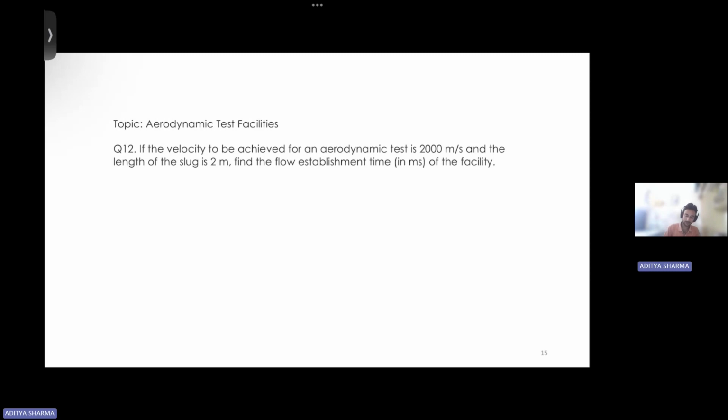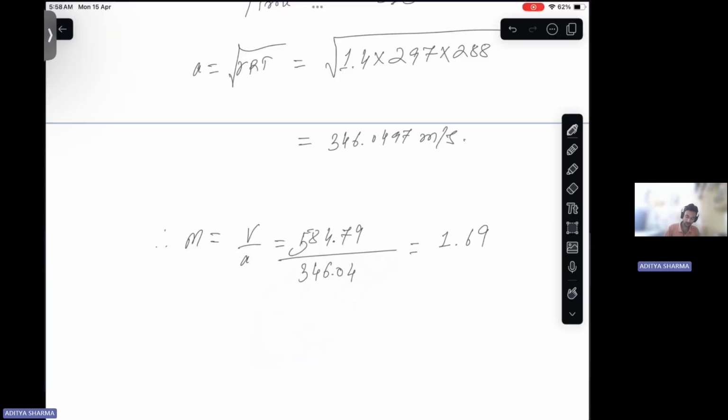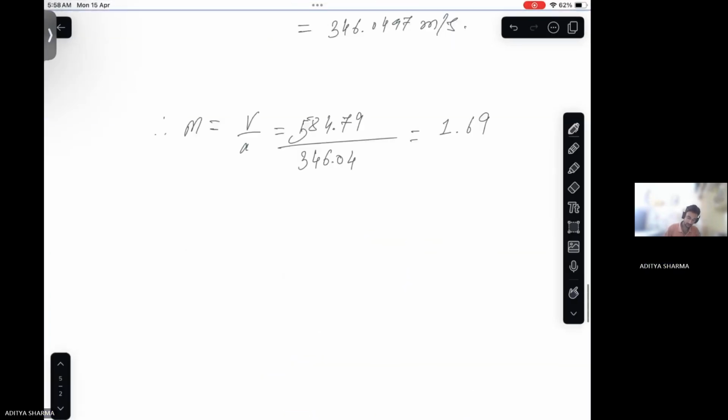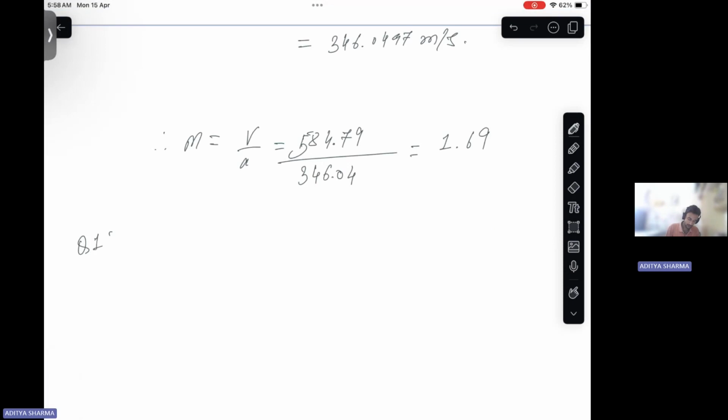So this is very simple. This is question number 12 solution.